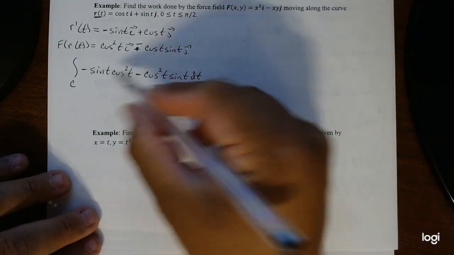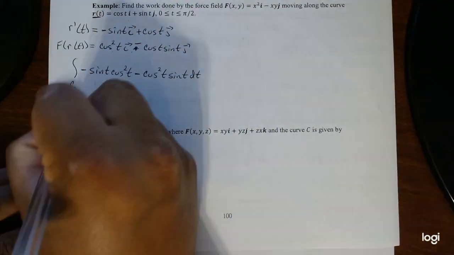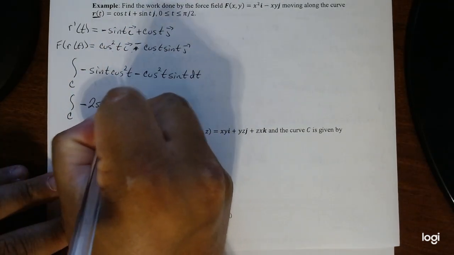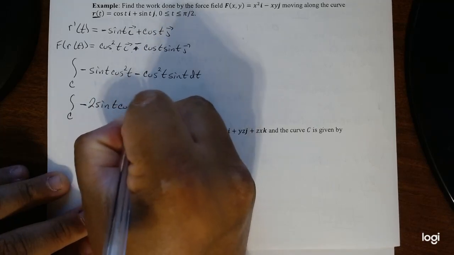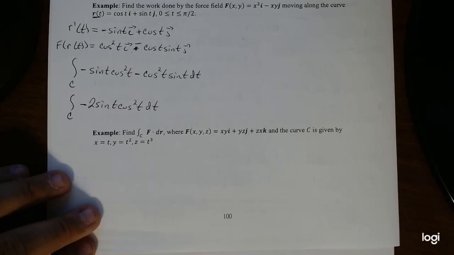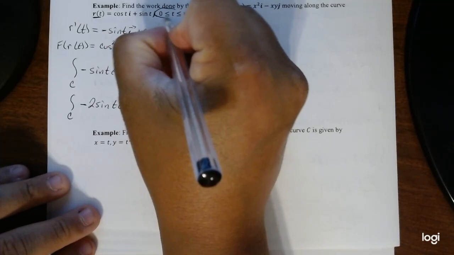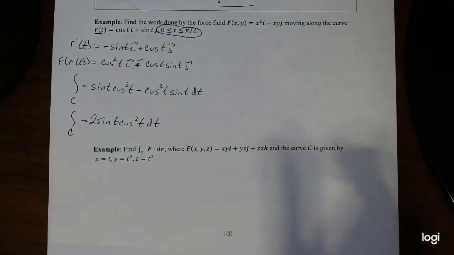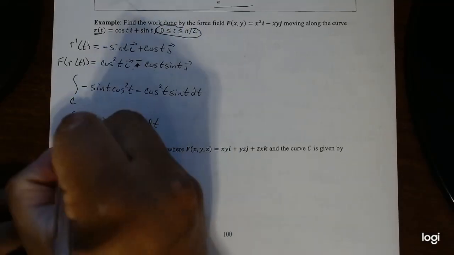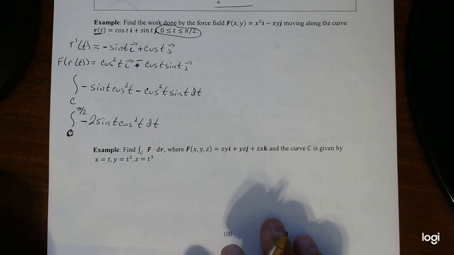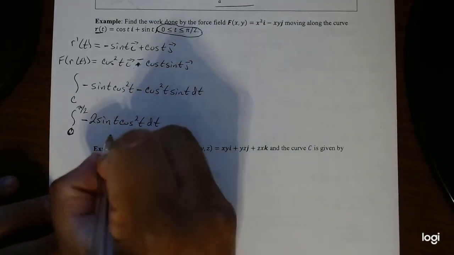Now notice these are the same, so there are two of them. And the nice thing is they even give us our bounds. So t is just going from 0 to pi over 2. So again, this is just a quick u substitution.